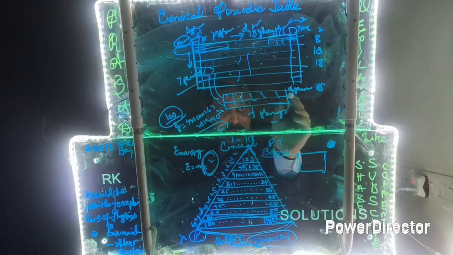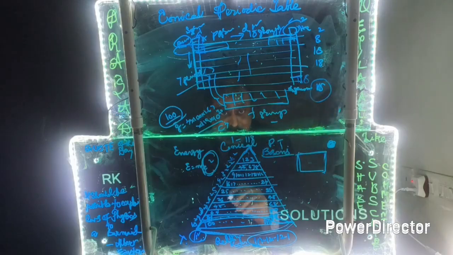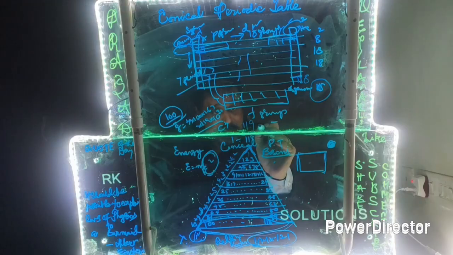What energy will they carry? The energy here at the 118, the stable is over. 119, as I told you, as in the Planck's constant, represents h.